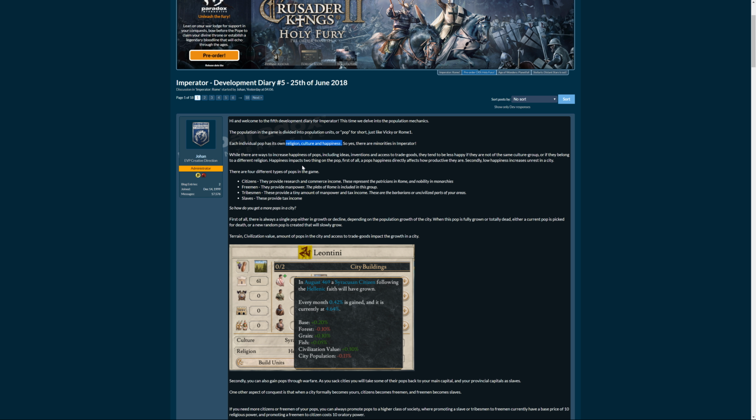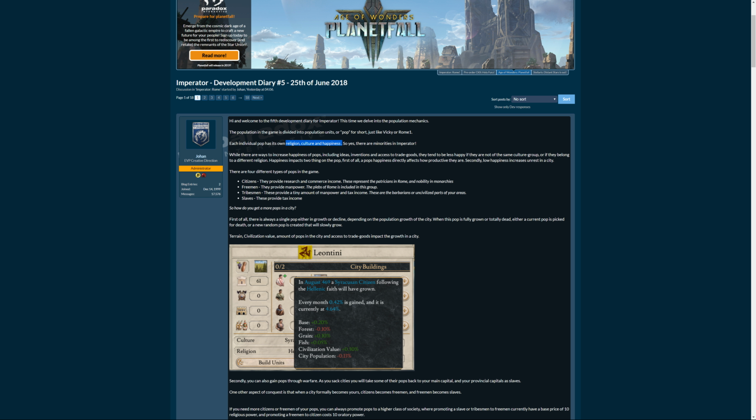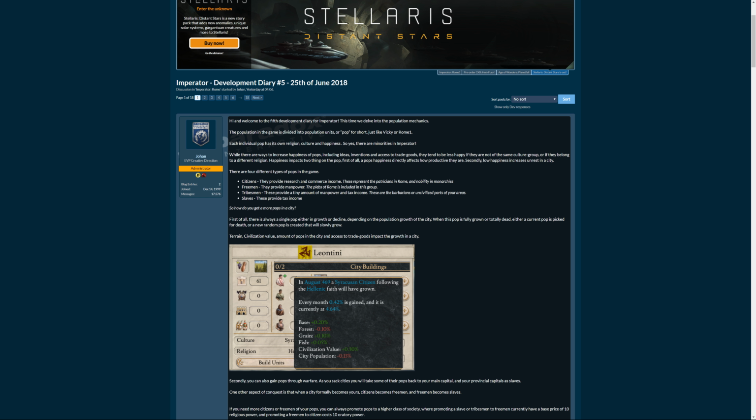Happiness impacts two things on the pop. First of all, pop happiness directly affects how productive they are. That is a usual mechanic, like in Stellaris, for example. And that's a logical thing. How happy you are directly corresponds to your productivity, usually, but if you're too happy, if you're on the chemical bliss, then you are not productive anymore.